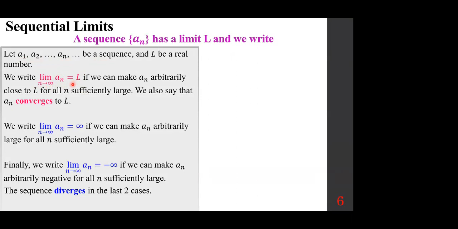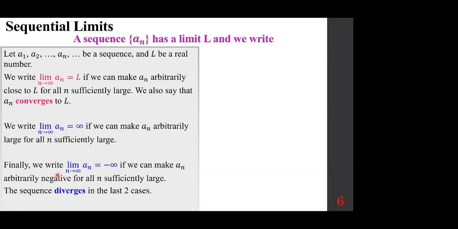If we can make a sub n fairly close, extremely close to L as n becomes huge, in that case, we say a sub n converges to L. On the other hand, if the limit of a sub n as n approaches infinity is infinity, that means we can make a sub n huge, okay, for a large n, then it approaches infinity.